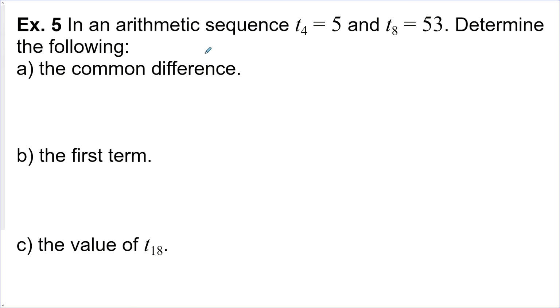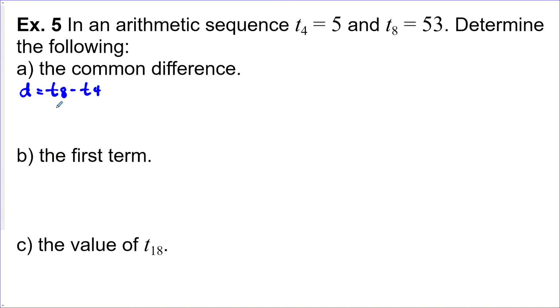In an arithmetic sequence, T4 is 5 and T8 is 53. And we want to find first the common difference. Now, we weren't given 2 consecutive terms, so this is a bit trickier. But we do have 2 terms. We've got T8, and we can find how far T8 is from T4.